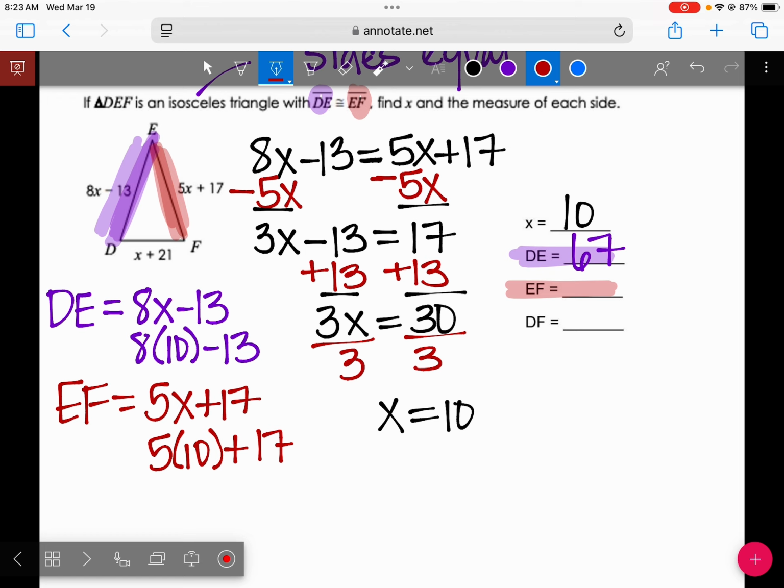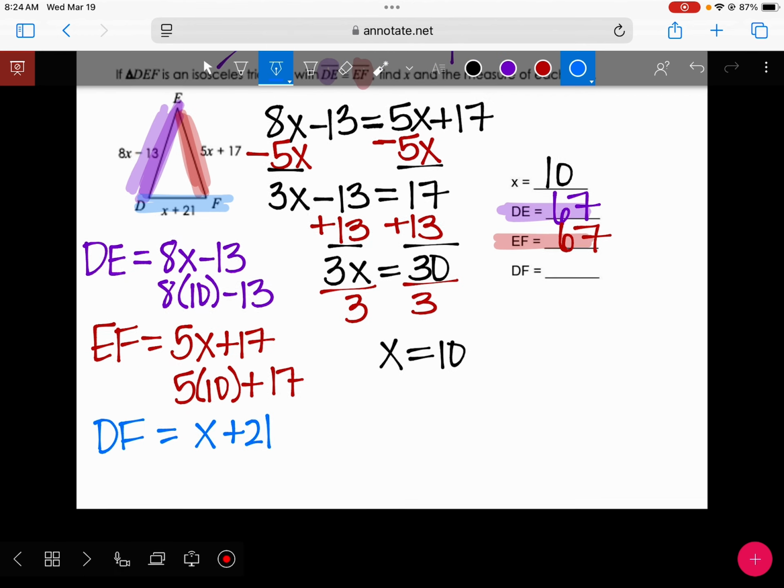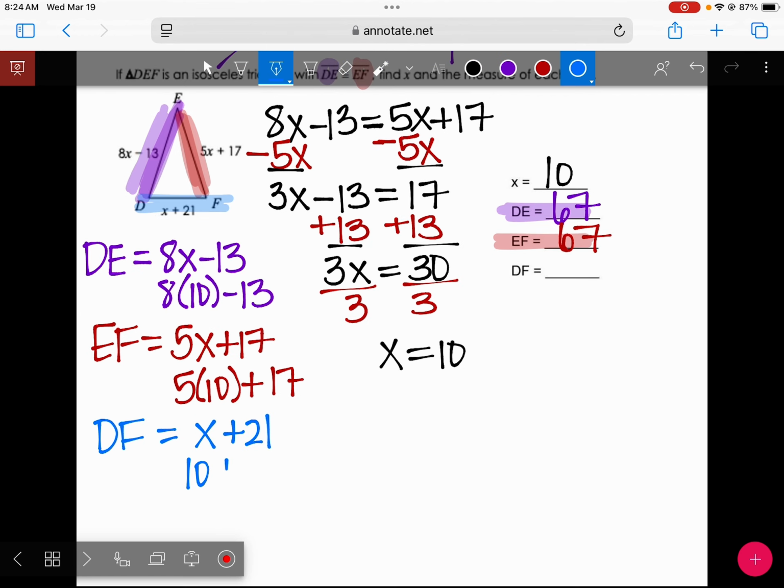EF should also be the same as DE. So 5 times 10 plus 17 is also 67. So we're doing good. And then our last side at the bottom is DF. So let's find DF. DF is x plus 21. And again, we figured out that x is 10. So that would be 10 plus 21. And that would be 31.